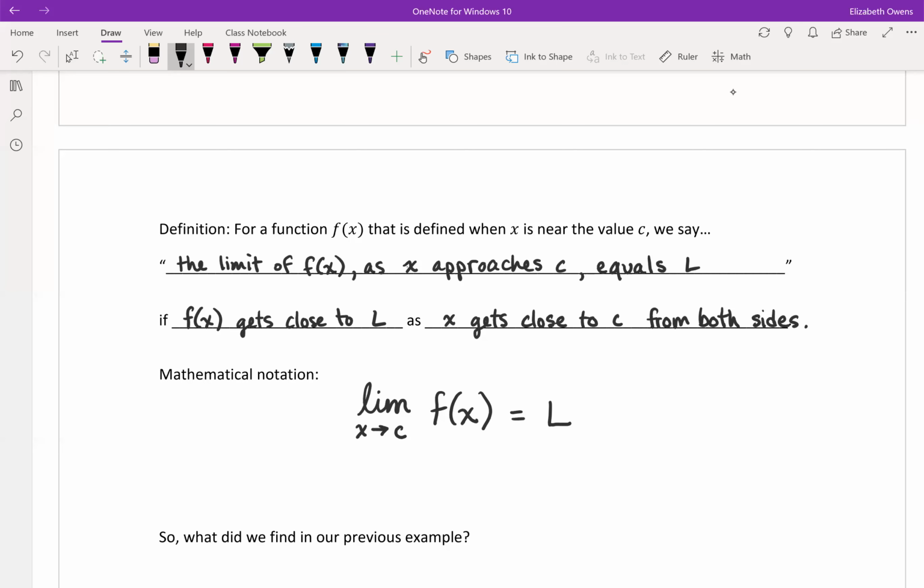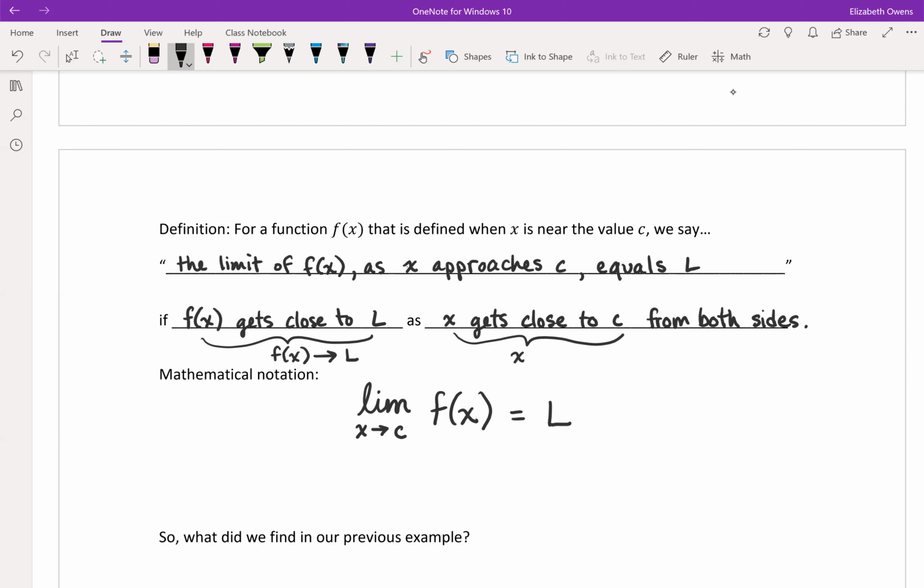Okay, so we read this notation as saying the limit as x approaches c of f of x equals L. Or you could say it literally the way it's written in that definition: the limit of f of x as x approaches c equals L. So that is the definition and the notation, and we can see the different parts of the sentence in our notation. f of x getting close to L means the f of x values, the y values, start getting closer and closer, going towards some number L, as x gets close to c.